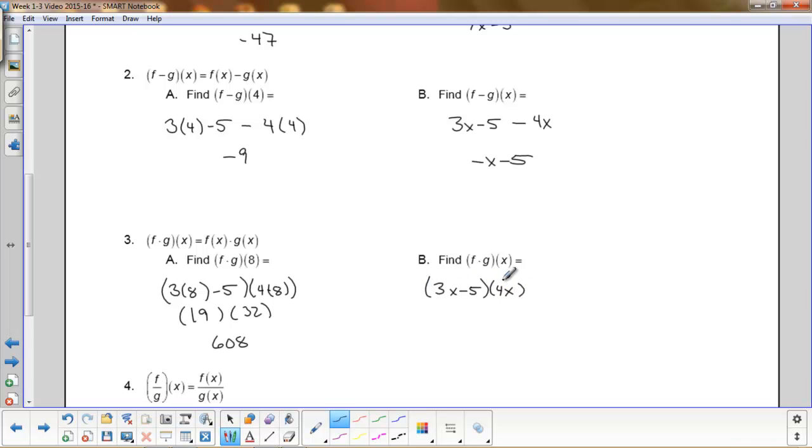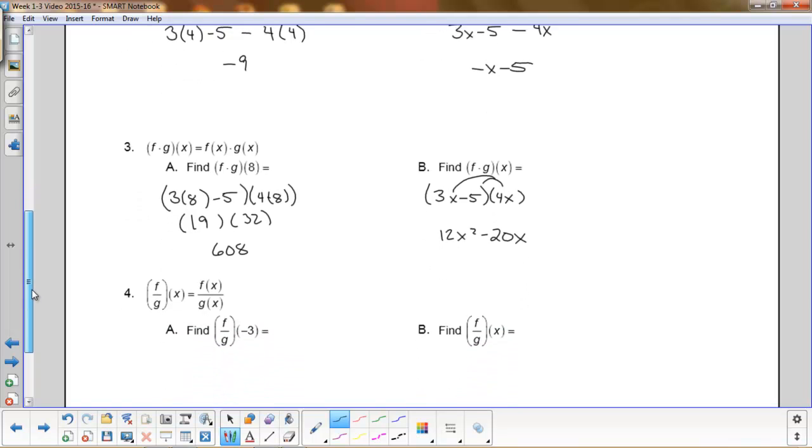I'm going to employ the distributive property here to get that to work. Simplified expression looks like that.